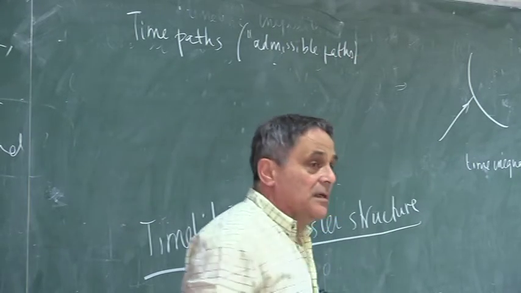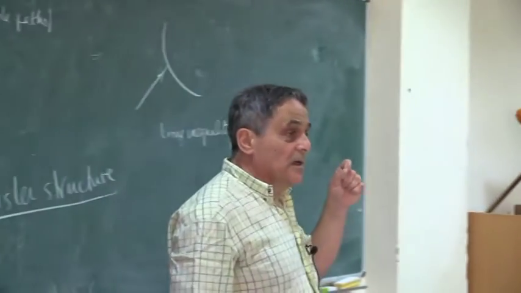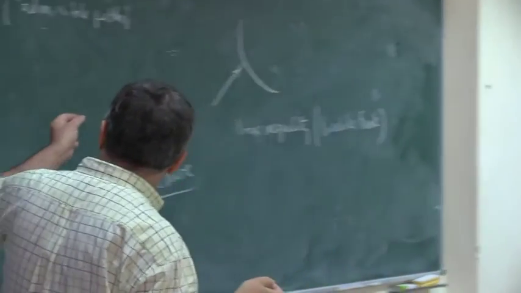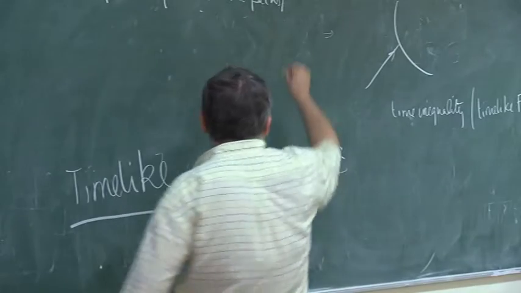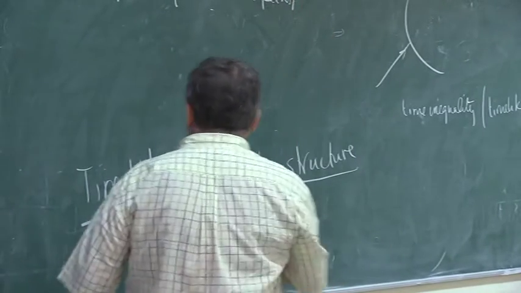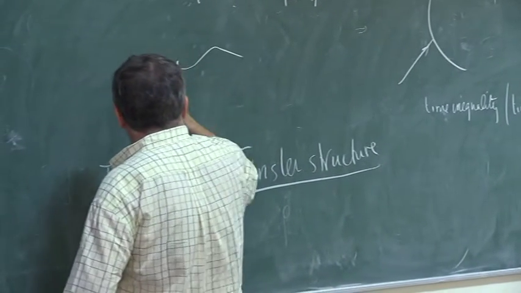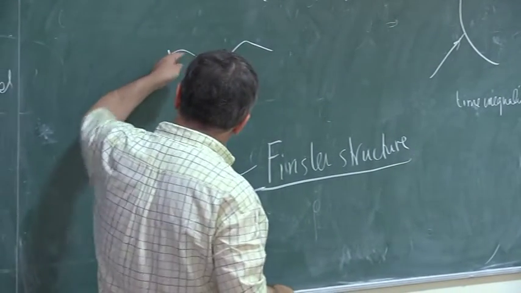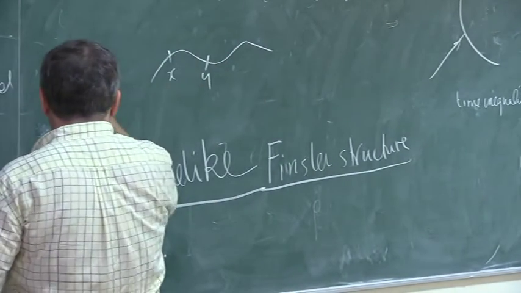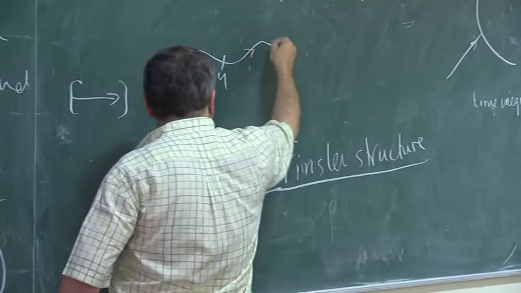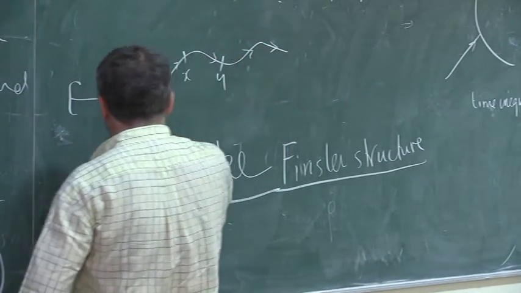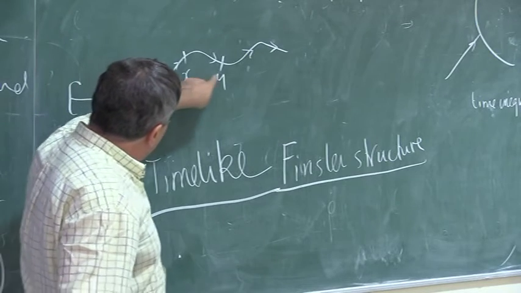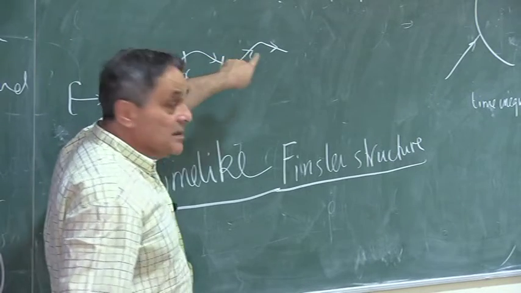admissible paths are these paths where, I gave the definition before, in fact I didn't use this terminology, but I want only paths where when I have 2 points x and y here on the image of the path, with the right orientation, this path has some orientation which comes from the orientation of the interval in R, then y is in the future of x.